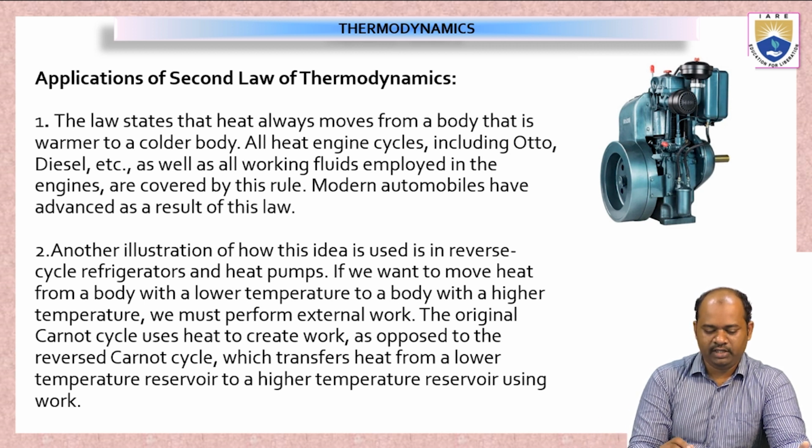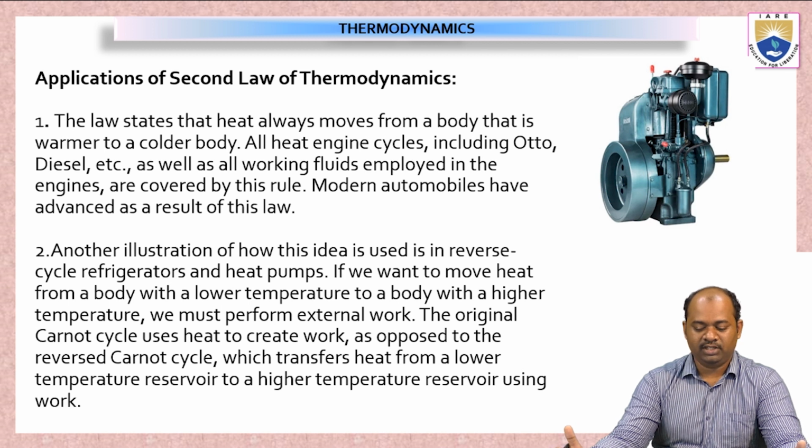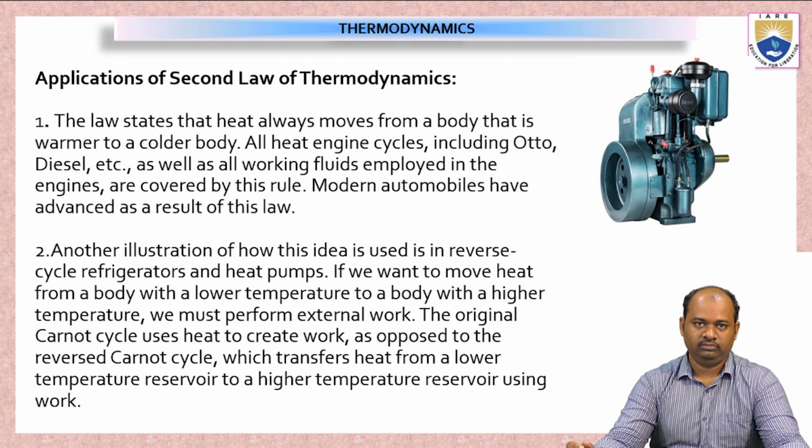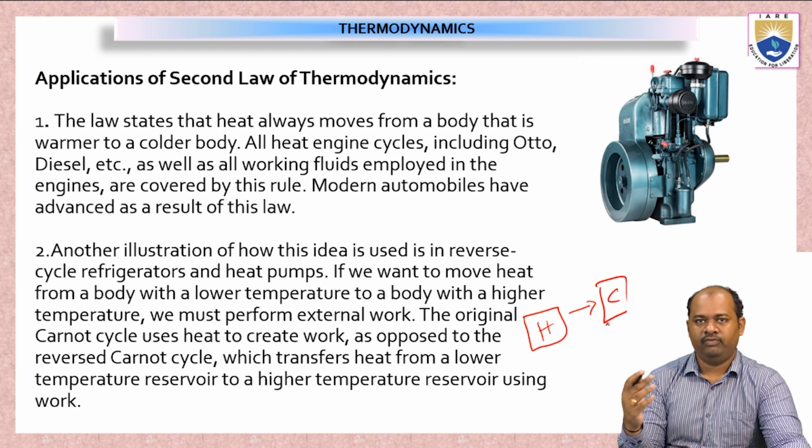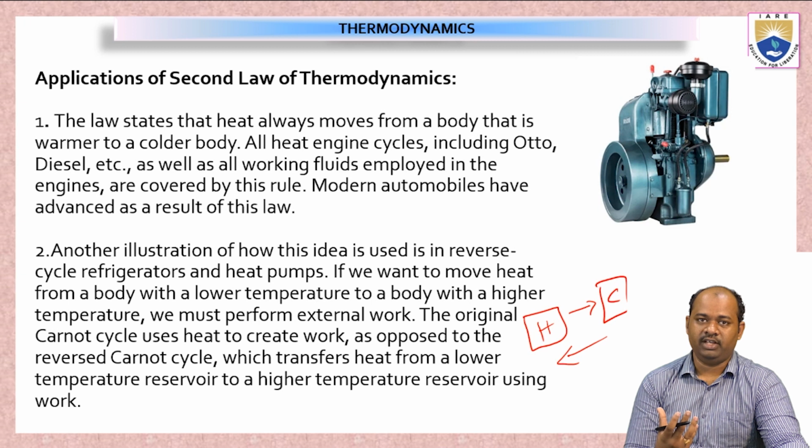If you want to move heat from a body with a lower temperature to a body with a higher temperature, we must provide external work. The original Carnot cycle uses heat to create work. From our basic knowledge, heat always flows from a hot body to a cold body. Now, if I want to move the heat from a cold body to a hot body, in the reverse direction, I have to use some kind of device.